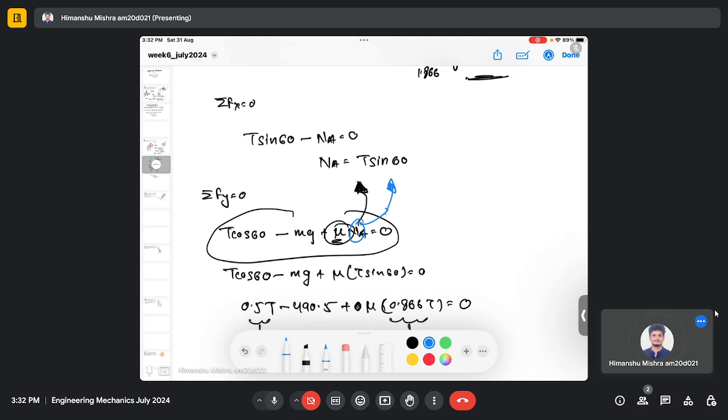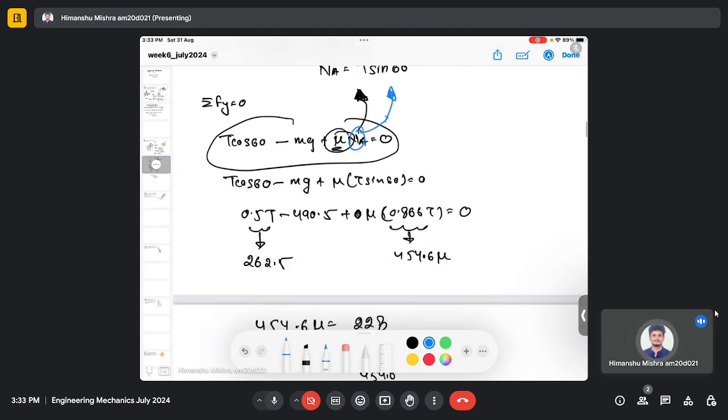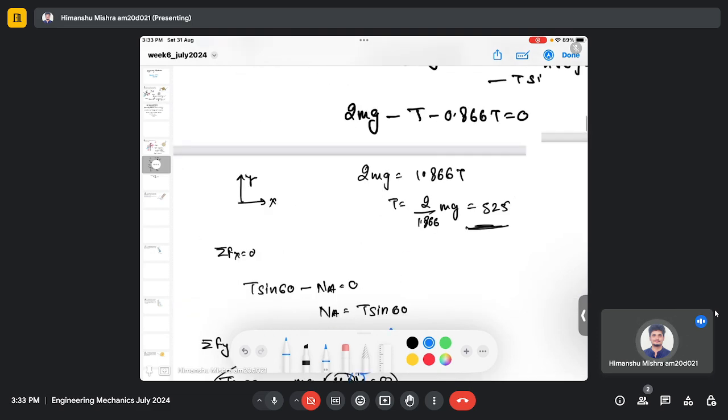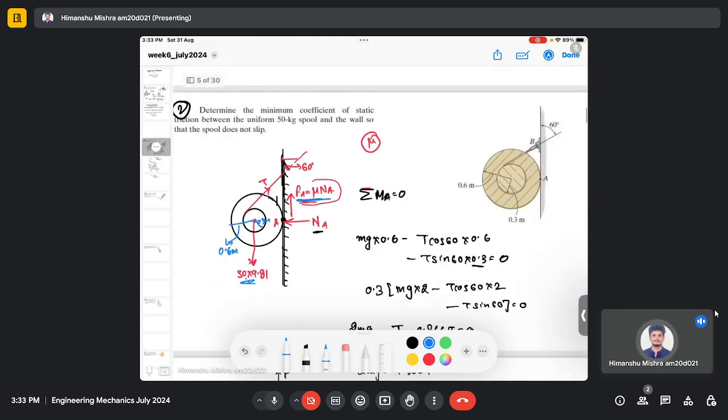By using this equilibrium method, we found the coefficient of friction here. Similarly, like in the last question, we can also find the friction force and the normal reaction, which are additional quantities in this equation. Until now we have solved two problems, and in both we used the same concept, equilibrium equations, to find the unknowns.